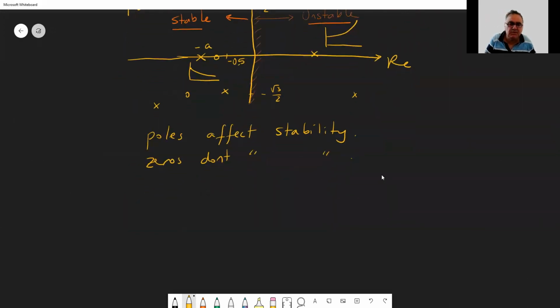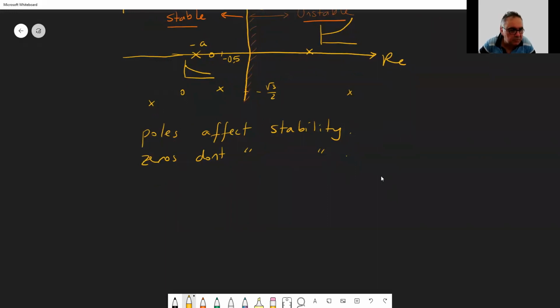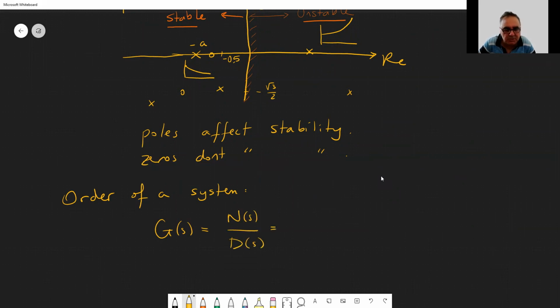One last note, then I will stop. The order of a system, let me write this down. G of S, as we know, is N of S over D of S, numerator over the denominator polynomial.